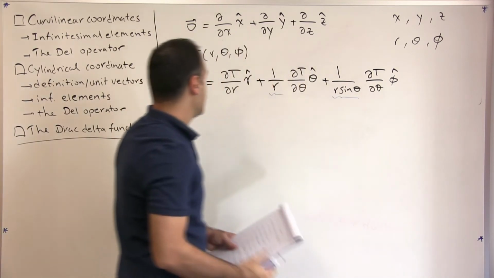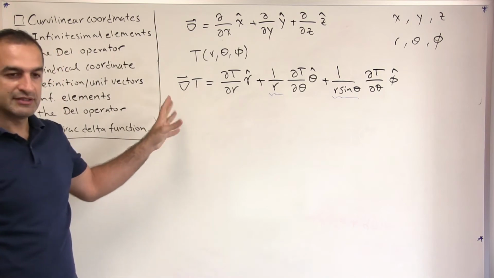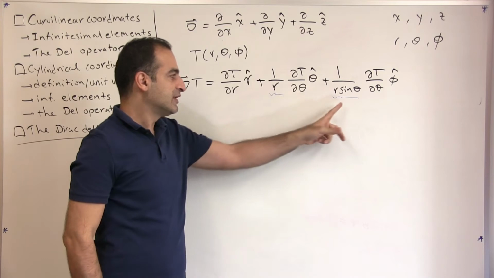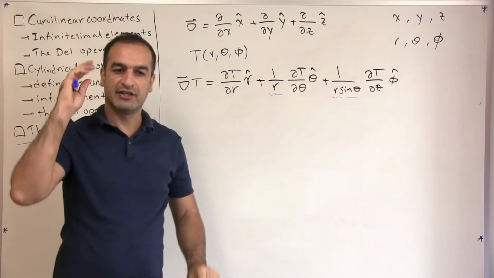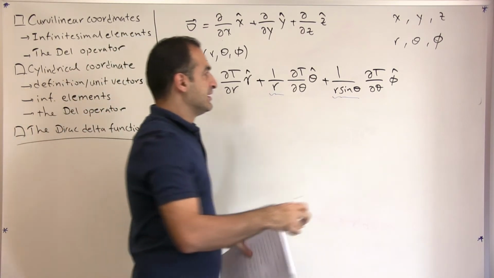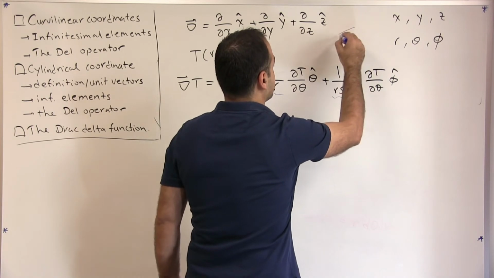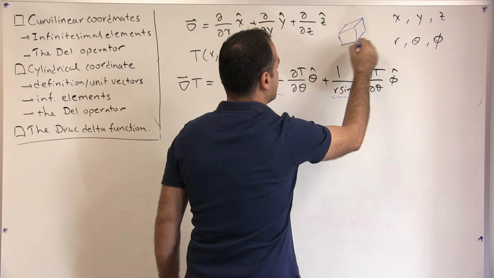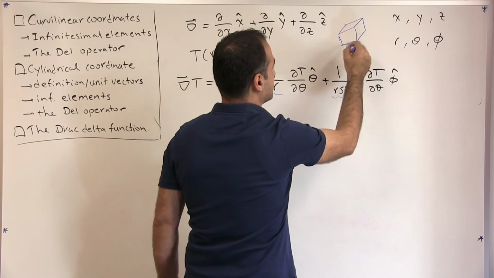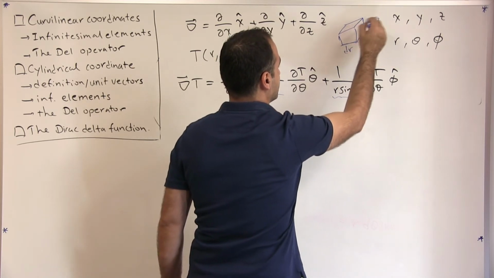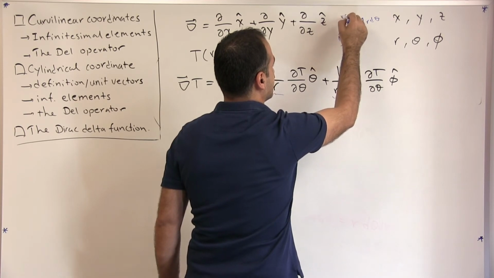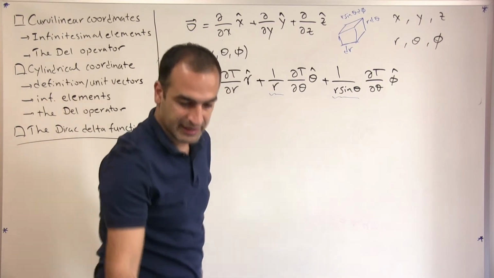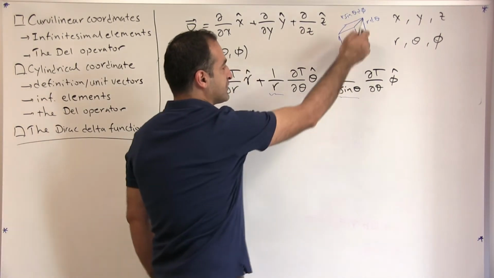For gradient and divergence, when you become an expert, it's easy to guess what these prefactors should be by just imagining that the infinitesimal cube you have is in the r direction, and looking at the displacement being dr, r d theta, and r sine theta d phi, and then mapping it to x, y, and z.